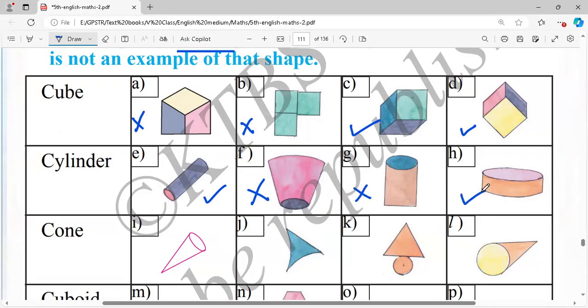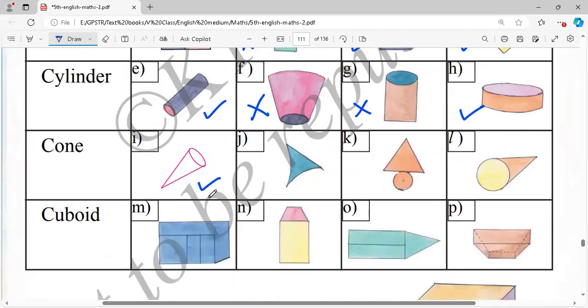This is a cylinder. Next, cone. First one, this cone shape is right. This is not. In all other cases, not a cone shape.